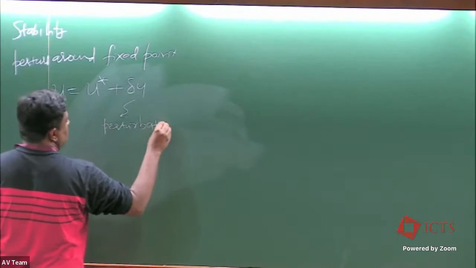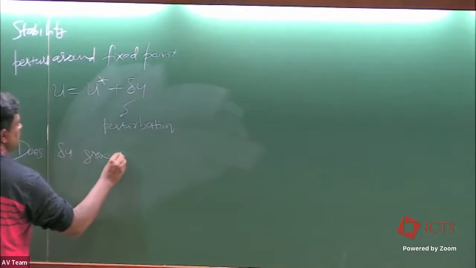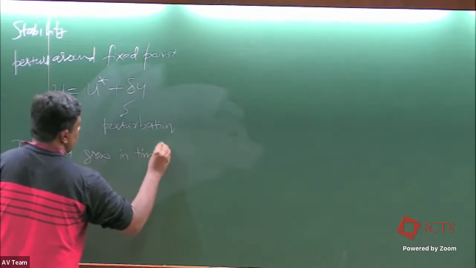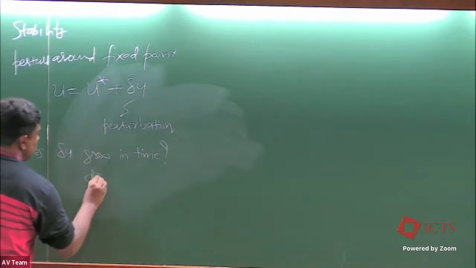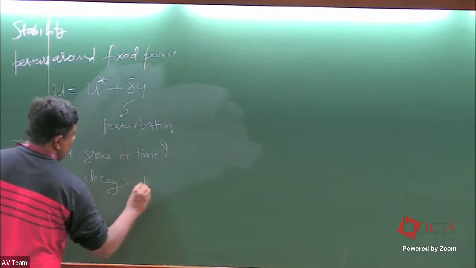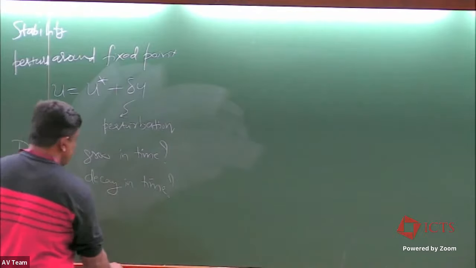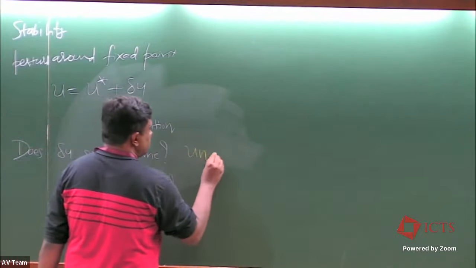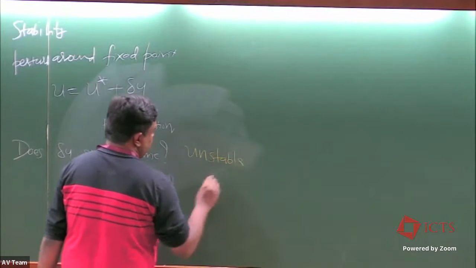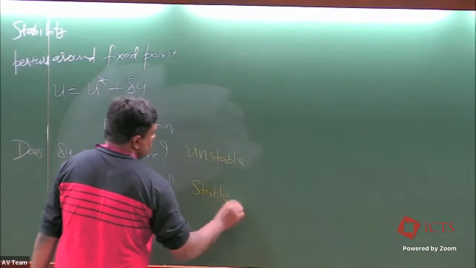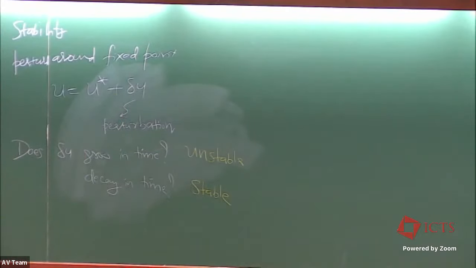And you ask, if I do this perturbation, does delta u grow in time or decay in time? In other words, does the system come back to u star or does it go away from u star? If the first one happens, you say the fixed point is an unstable fixed point. If the second one happens, you say this fixed point is a stable fixed point.